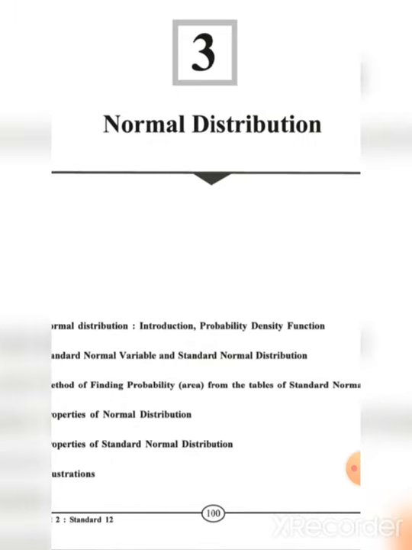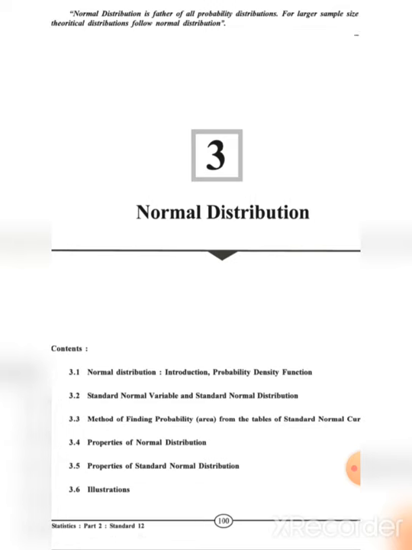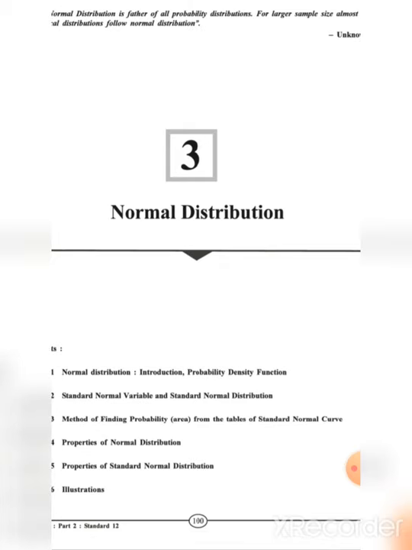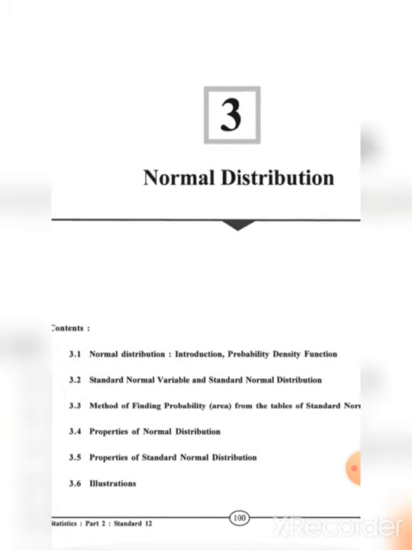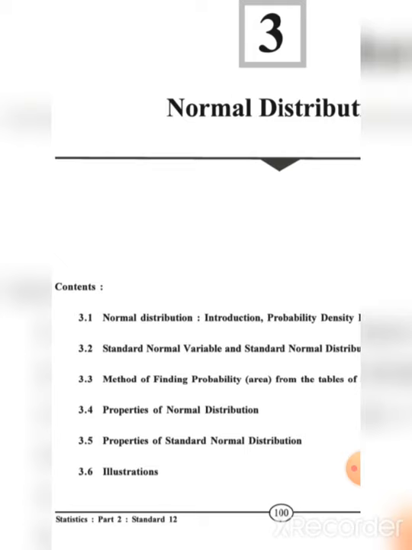The standard normal curve table is given at the last page of your textbook. From that, how we can find out the area and how it could be used in the sums, that we are going to see. We are also going to see the properties of the normal distribution and the properties of the standard normal distribution. These properties are really important.